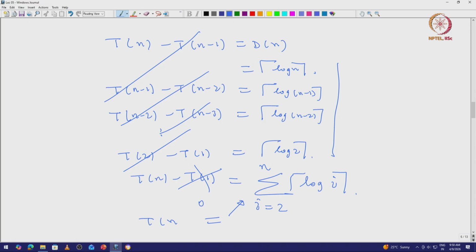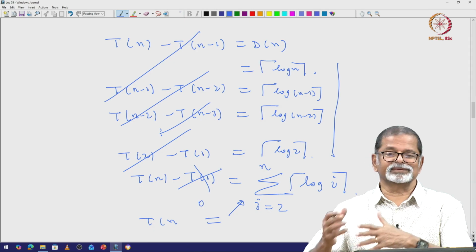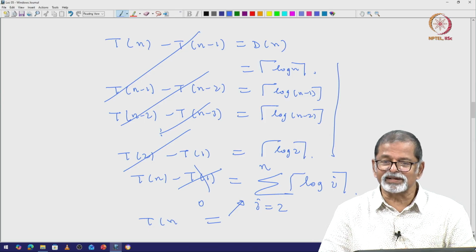Still it is in the summation form. We can simplify it further, but this summation is very tricky. You see that there is no cancellation, there is no algebraic calculation you will be able to do and then get it any simpler, right.